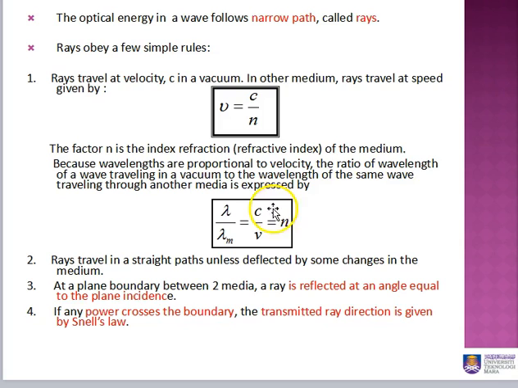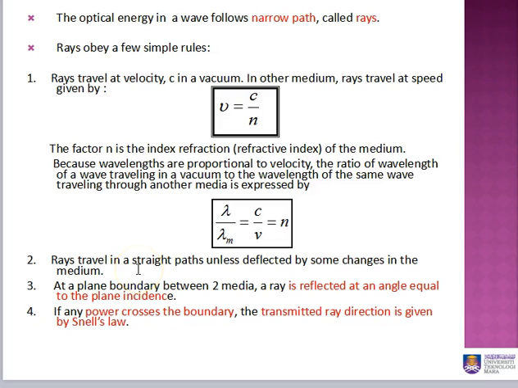So C divided by V is equal to the refractive index. So what we can say is that the refractive index is a ratio of the velocity of the wave traveling in a vacuum to the velocity traveling in a medium.